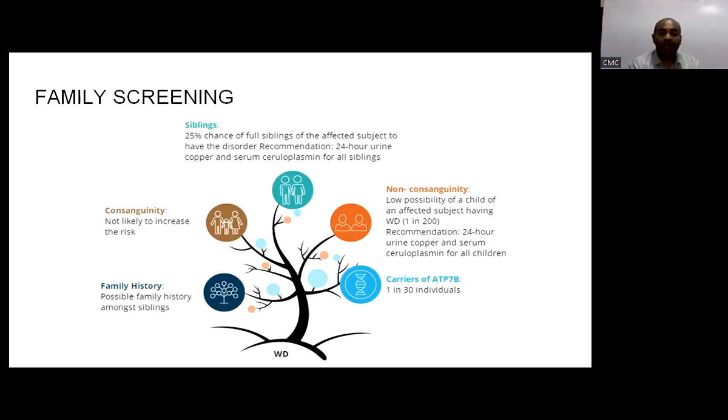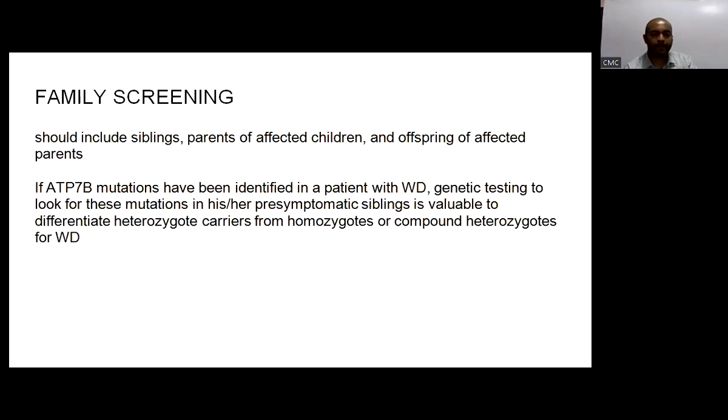In the child of a patient with Wilson disease who is non-consanguineous, the possibility of having Wilson disease is low. If you find a genetic mutation, an ATP7B mutation, in the patient, then we can test for the same in the siblings also.